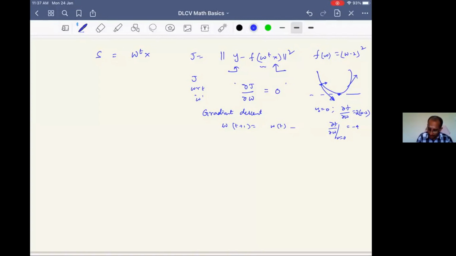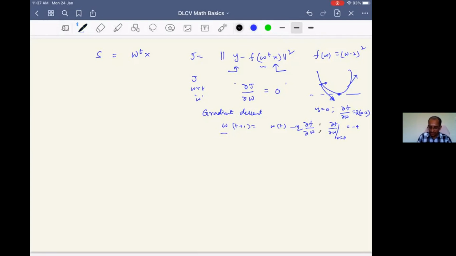If I move by some eta times the gradient, the next value of w that is closer to the minimum is given in gradient descent by w t plus 1 equal to w t minus eta times dou f by dou w.